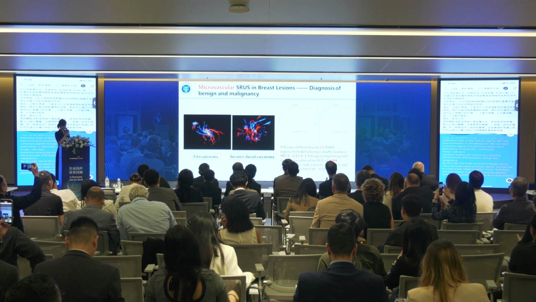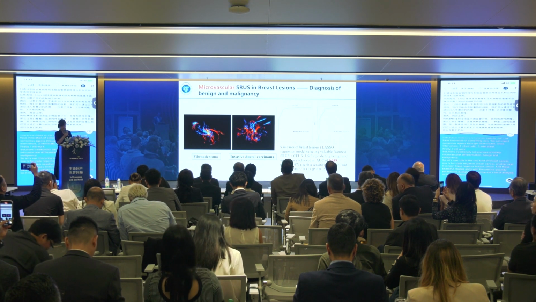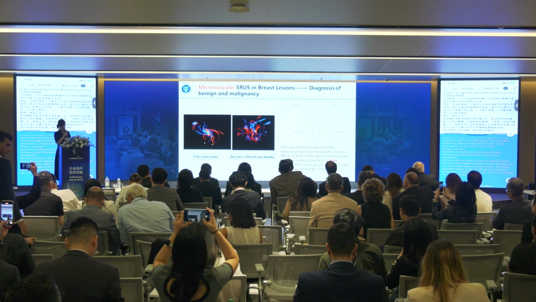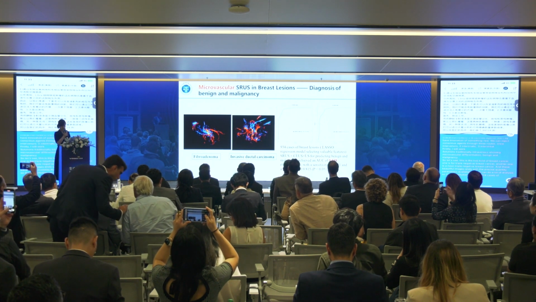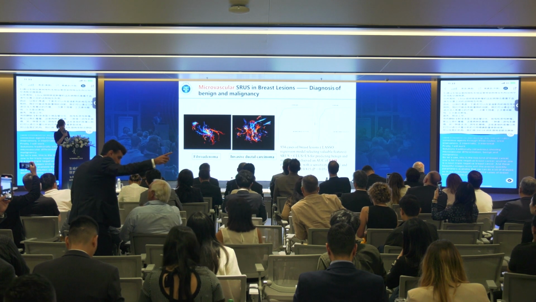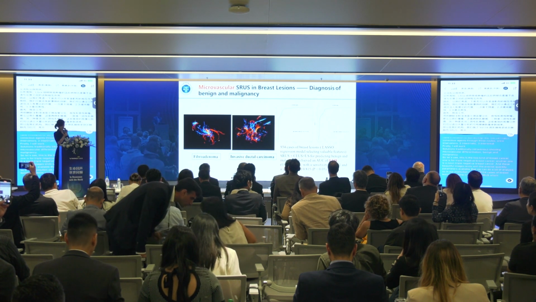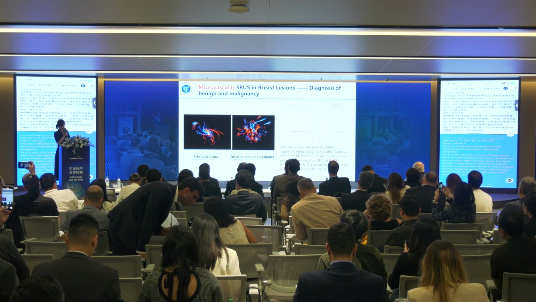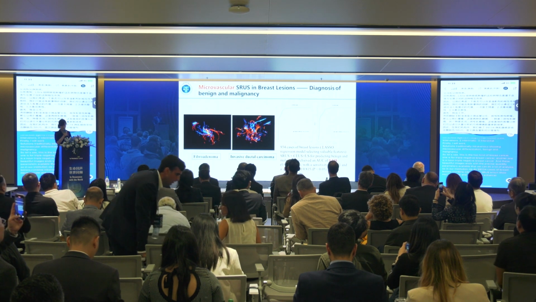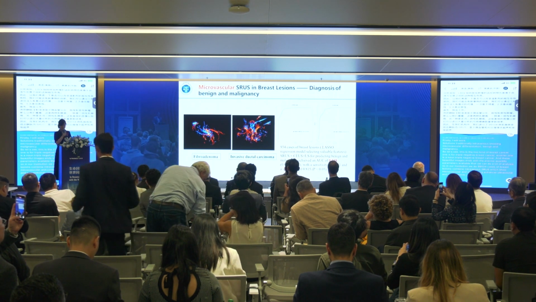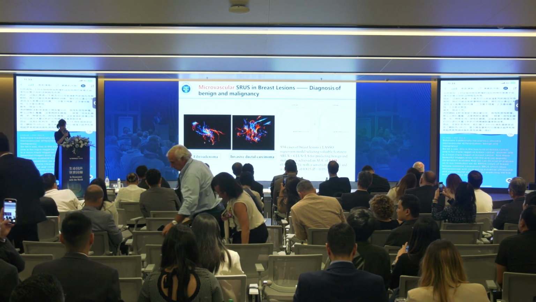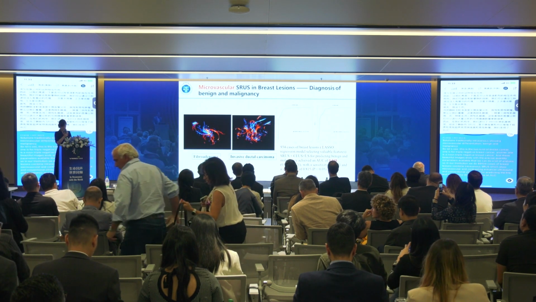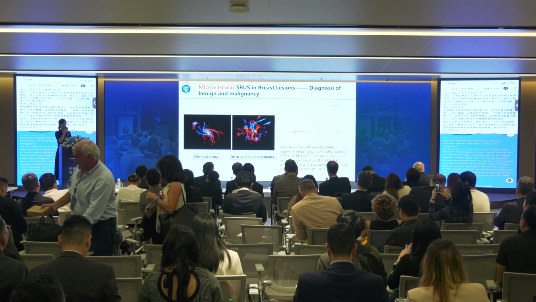So in our institution, we studied 934 cases of breast lesions, combining intravenous SRUS, which shows microvasculature, with contrast-enhanced ultrasound and conventional ultrasound for predicting benign and malignant. And we achieved an AUC of 0.948. It's very, very high.